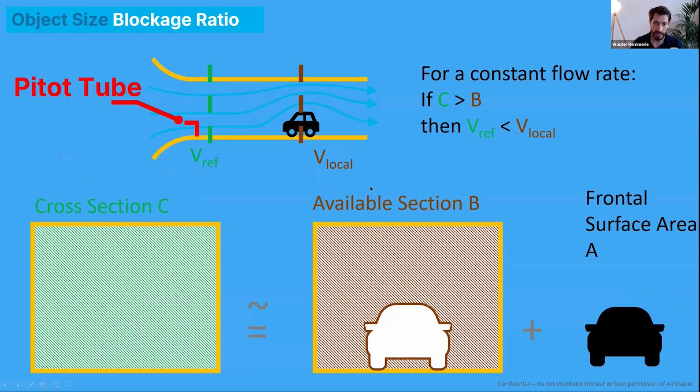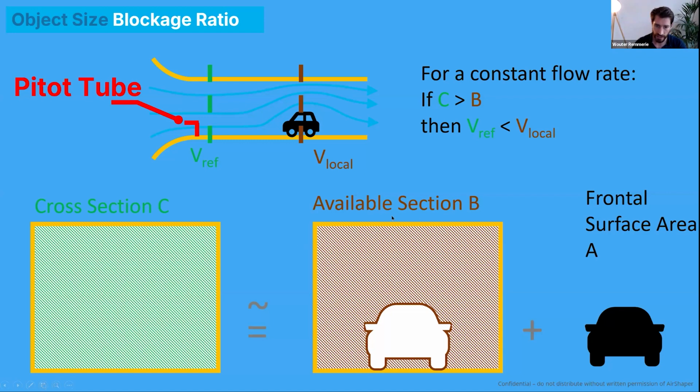Now, one of the aspects in a tunnel, which is also valid for simulations, is the cross-sectional area. If you put an object into a wind tunnel, the air has to go around it. In real life, that's fine because you have space around your object in most cases. But in a wind tunnel, you have the walls, the floor and the ceiling. So if your object is too big, the air has to squeeze around that area.